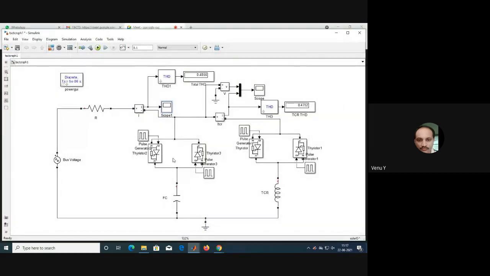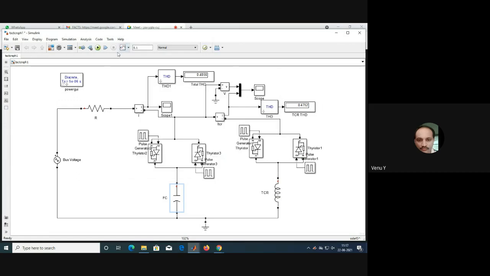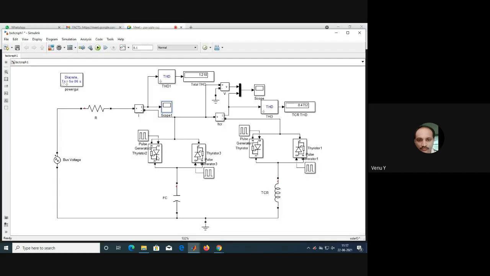By changing the value of FC, you can get different waveforms and THD values. Very high. This is very high.